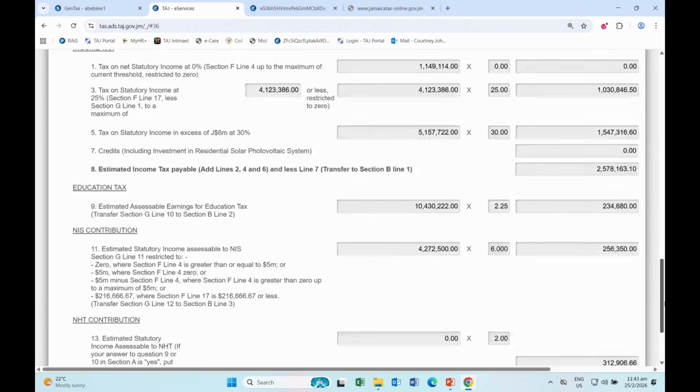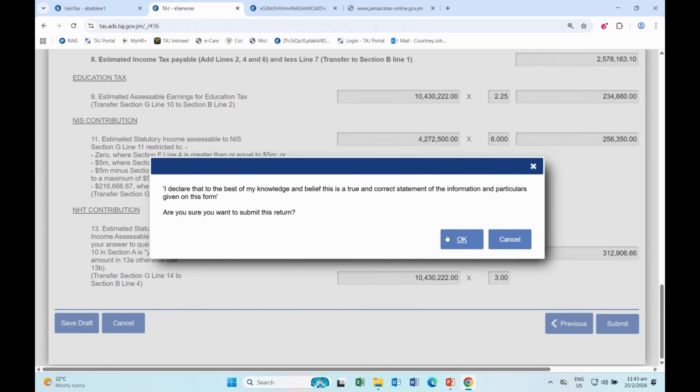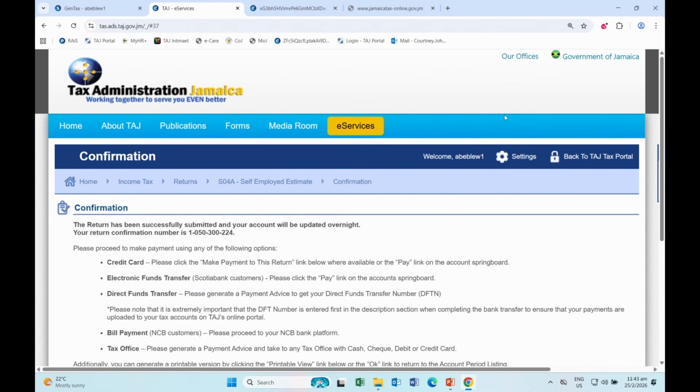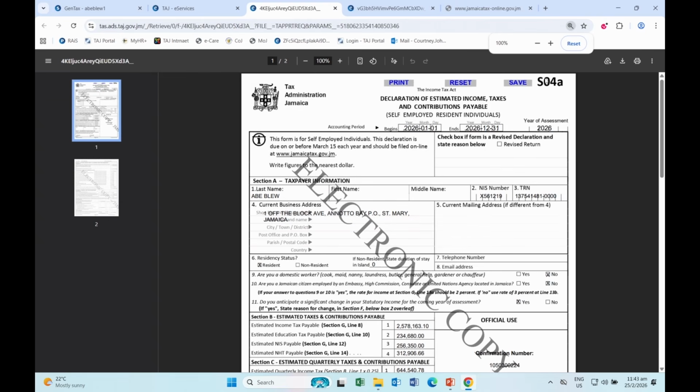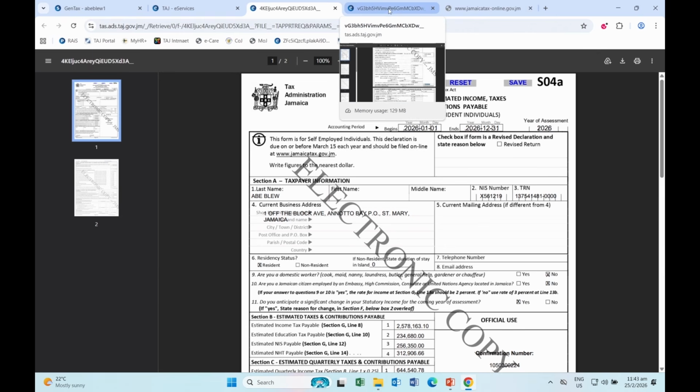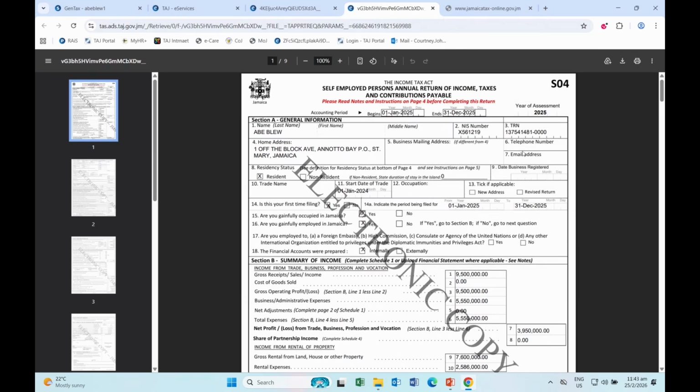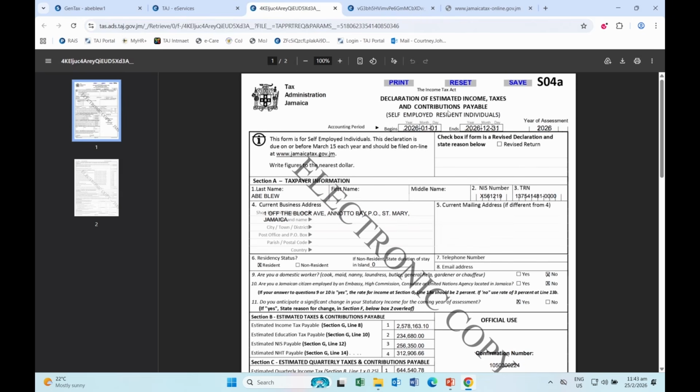Now we're going to go ahead and submit this. Right. So we have successfully submitted both our S04 annual return for self-employed persons and our S04A, the declaration of estimated income and taxes for 2026.